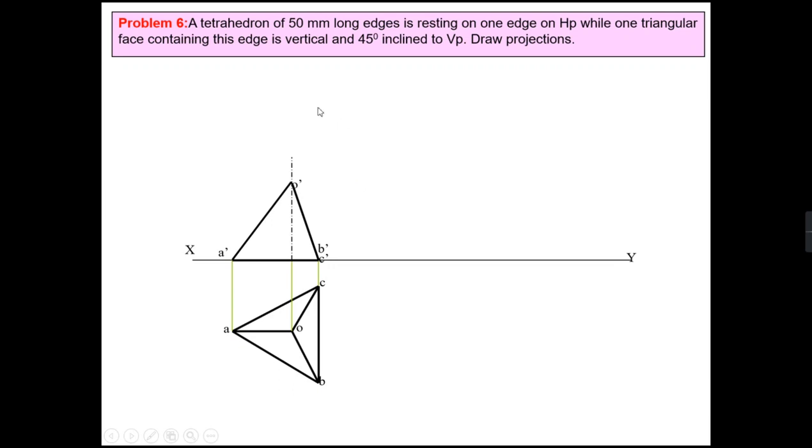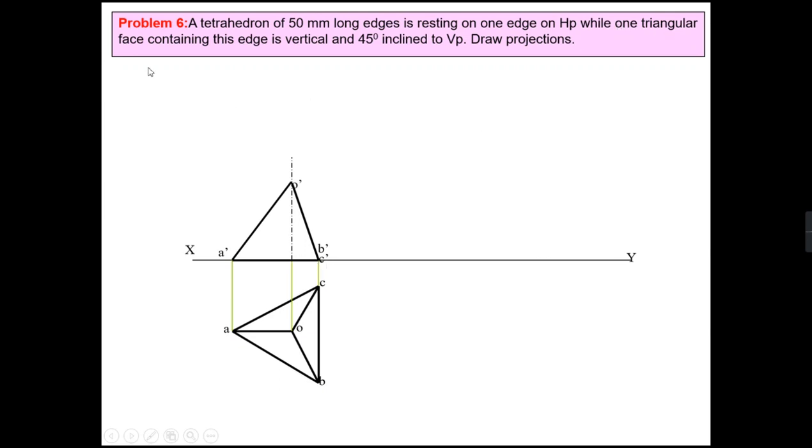After getting the front view, I have to make one edge on the HP. So this is the edge B and C, so this point is representing an edge, right?